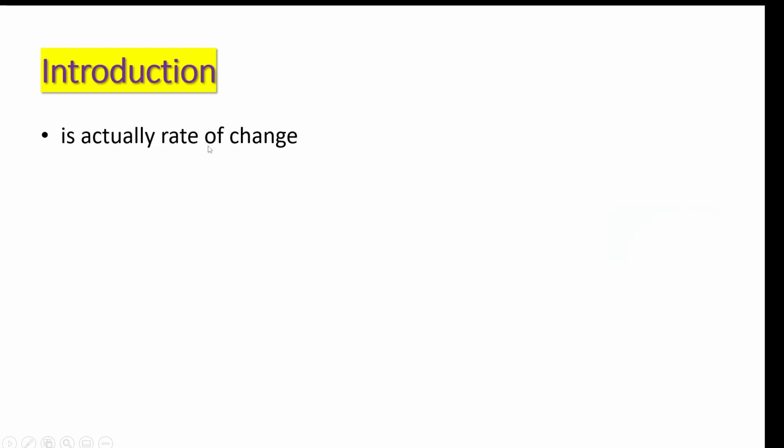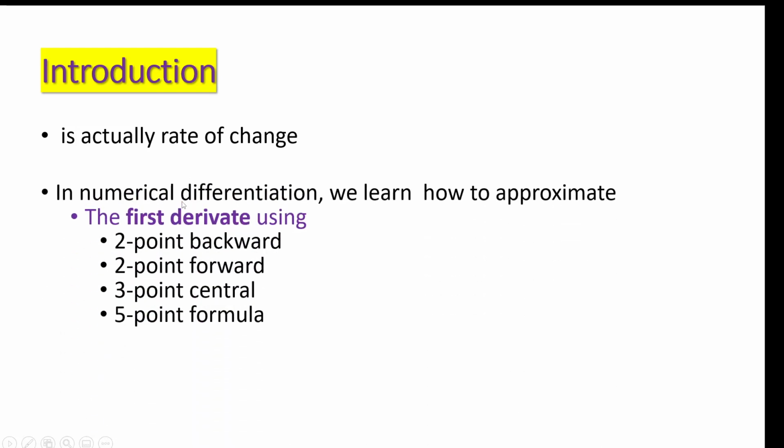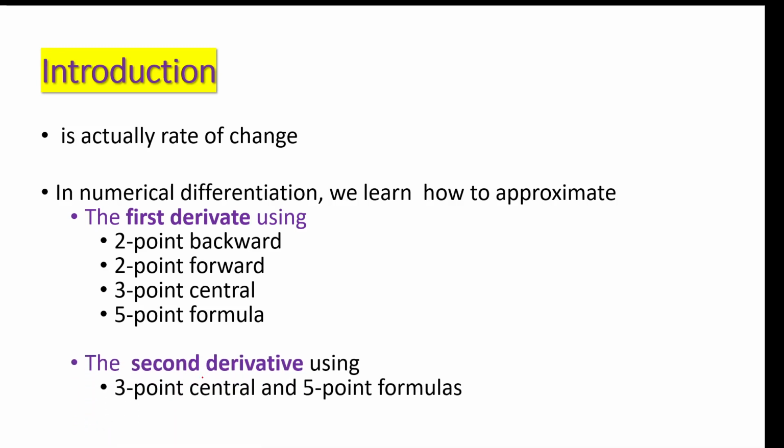Differentiation is actually the rate of change, and in numerical differentiation we are going to learn the first derivative using the 2-point backward, 2-point forward, 3-point central, and 5-point formulas. Then the second derivative using the 3-point central formula.